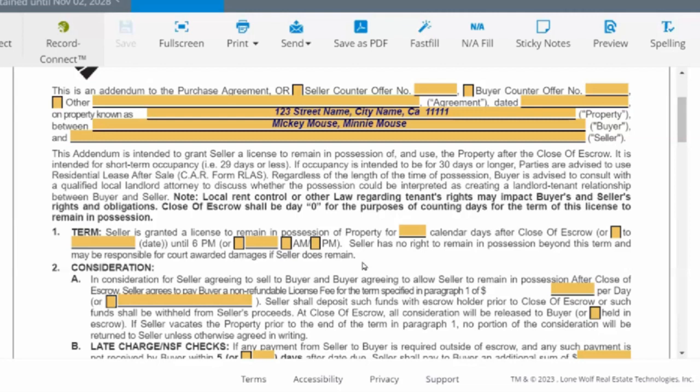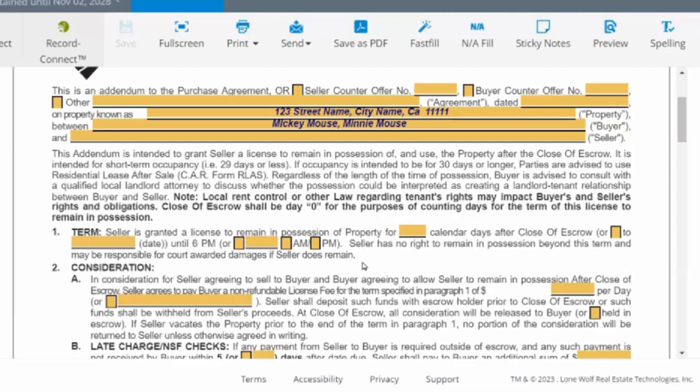I mean, you'll have clients angry if it's longer than the specified term, but that's one of the risks with this form, or it's a risk with allowing a seller to stay in possession, because if the seller ends up not moving for whatever reason, then there's a whole court process and eviction process that comes into play. And when your buyer is buying their new house, they're not thinking, oh, we're going to end up in court trying to get the seller out, right? And that's why it's safer to have the seller out at close of escrow.